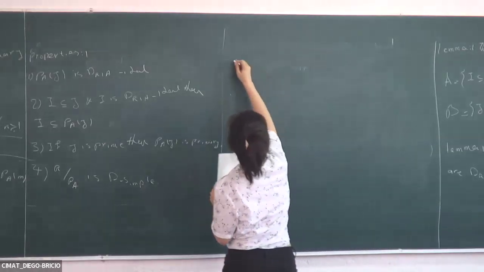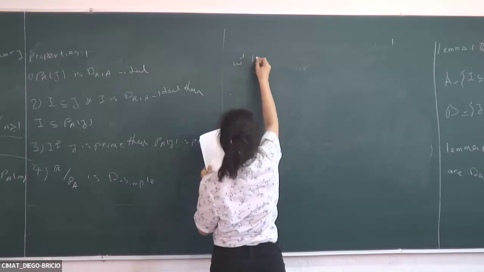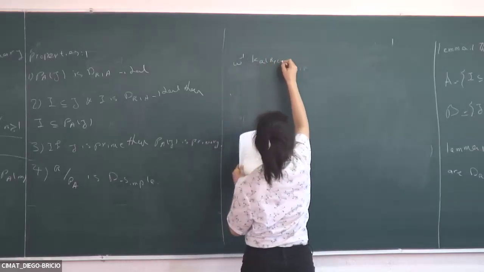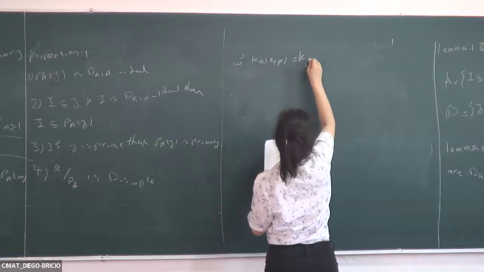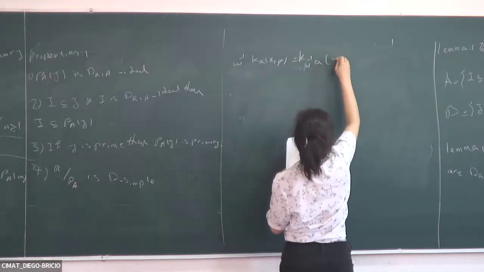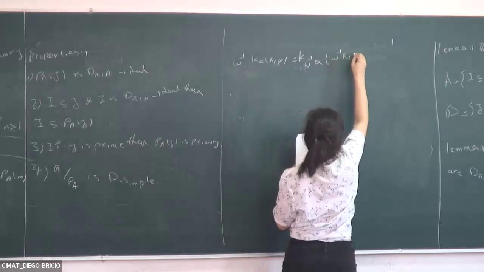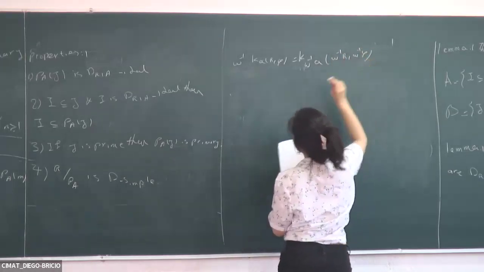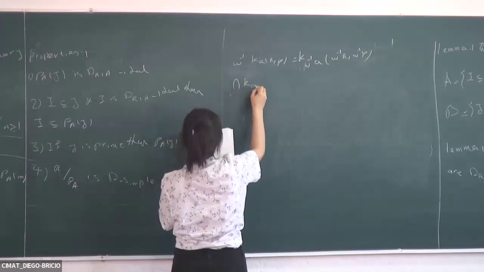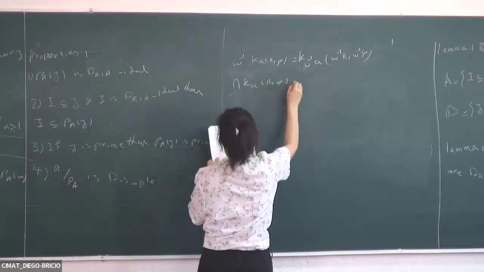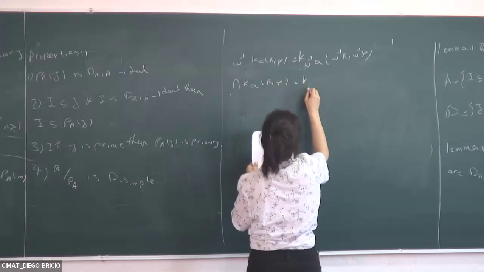So, we have that the one is 1, then R over P, and P is equal to 2, and we will R, the intersection of this are the same.